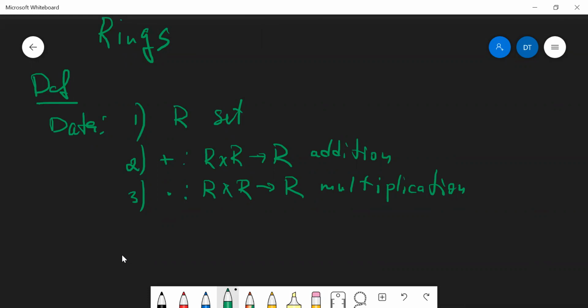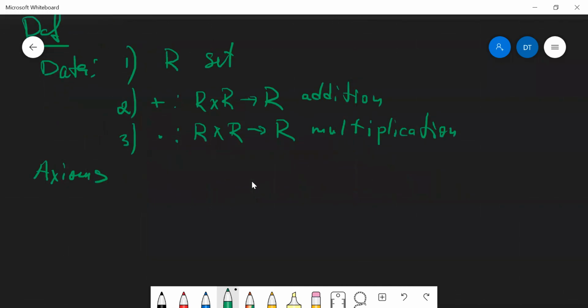And now we want to pose the axioms. Axiom number one: we want the addition to be good. This simply means that if we consider just the set R with the operation plus, this must be an abelian group, or just a commutative group.